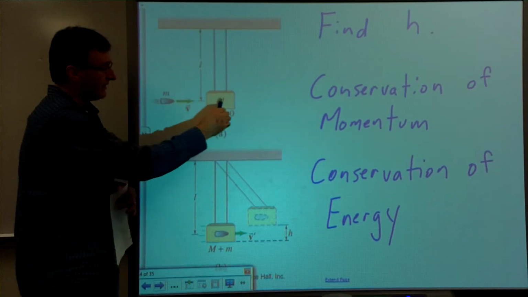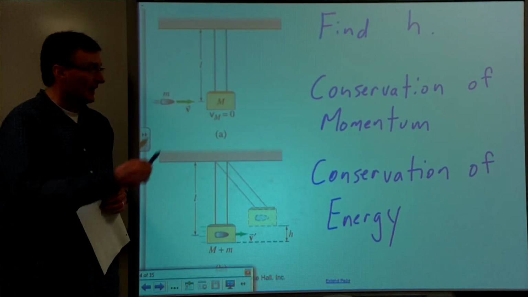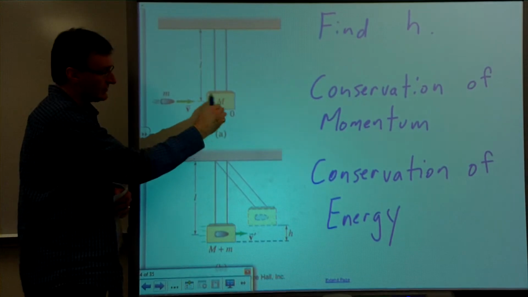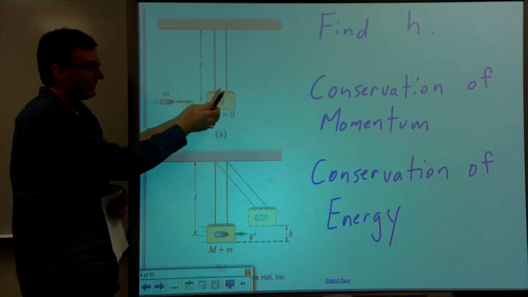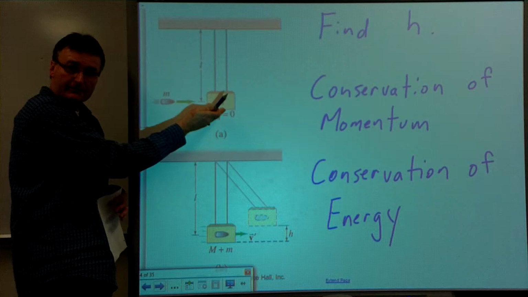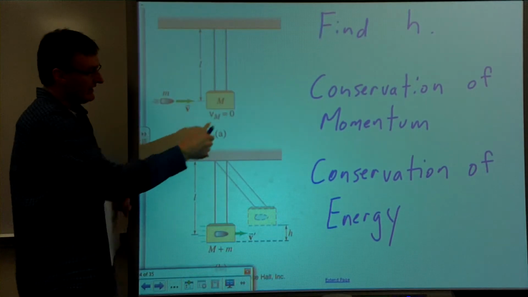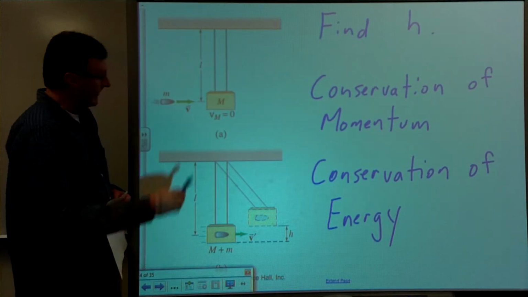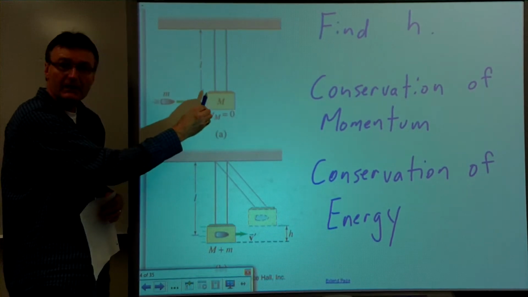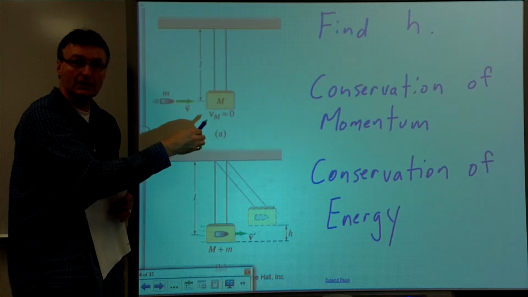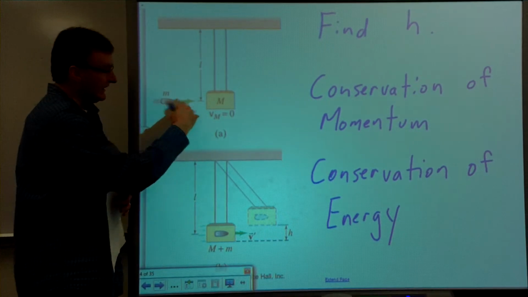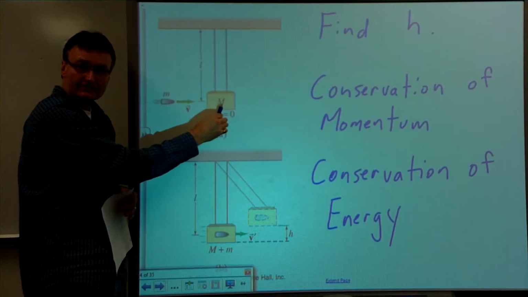It takes energy to deform the matter, and so you lose some energy due to heat and whatnot. So the collision itself is not conservation of energy. However, it is conservation of momentum.